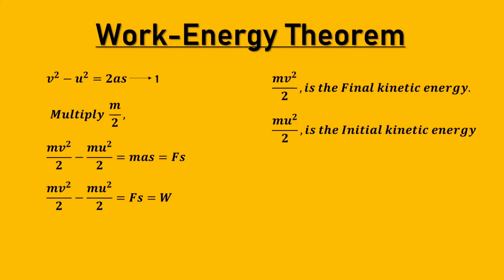Substituting Kf and Ki in place of the first and second terms, we get Kf minus Ki equals W, where Kf is final kinetic energy and Ki is initial kinetic energy.